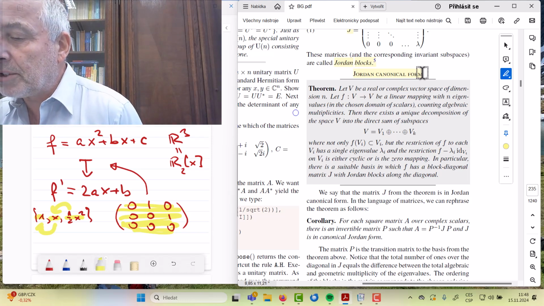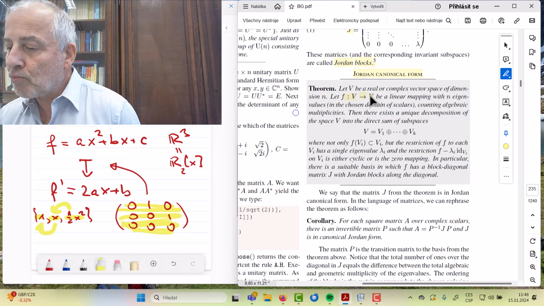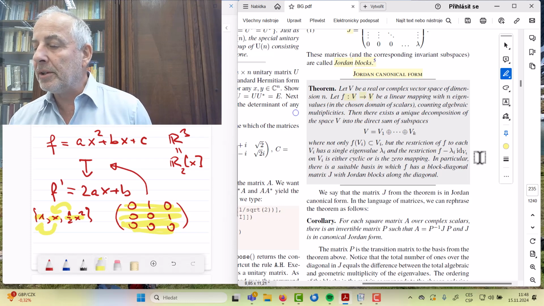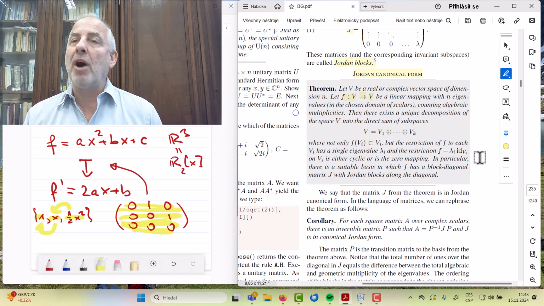The theorem says that if I have got a linear automorphism on a complex vector space, but it works exactly as well over any field of scalars, if I've got enough eigenvalues, right?